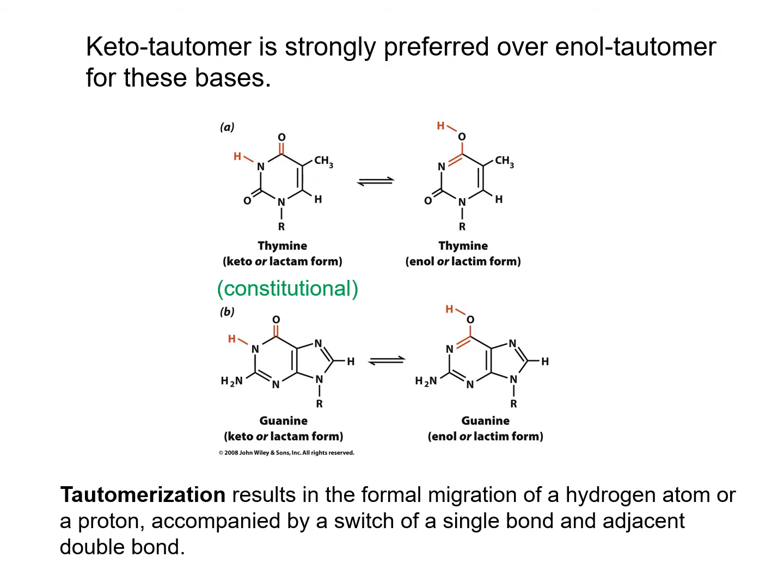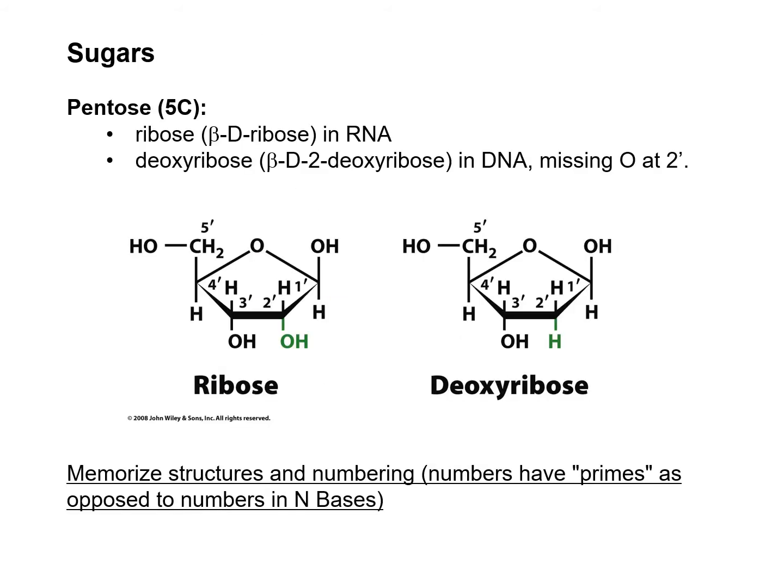The sugar in the nucleotide is a pentose, or 5-carbon ring. And it's in a slightly different form in DNA versus RNA. In RNA, it's ribose, or more formally, beta-D-ribose, as opposed to DNA, which has deoxyribose.